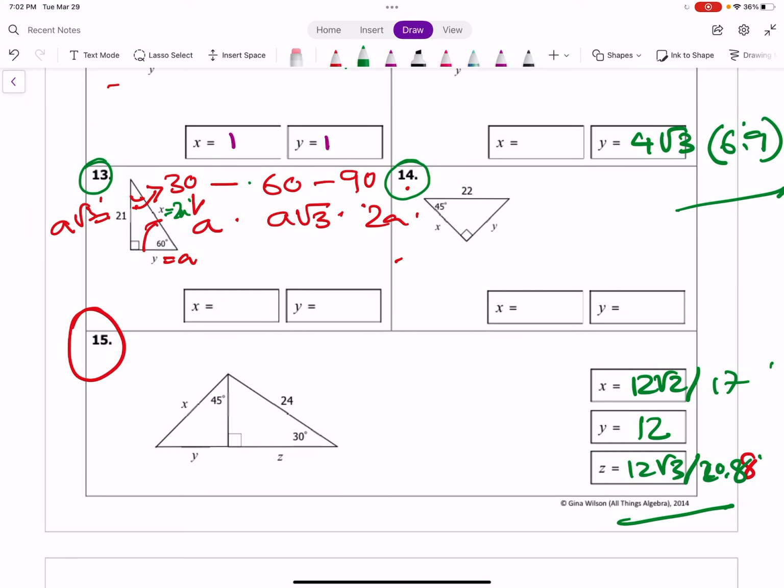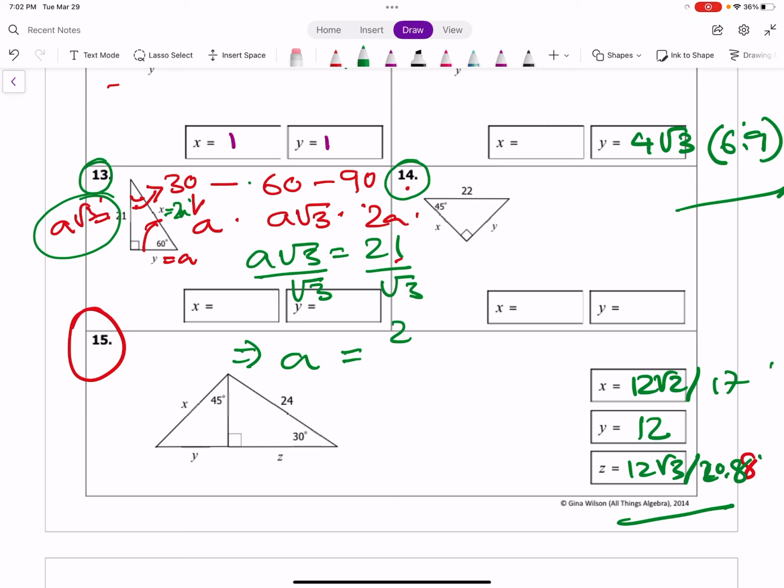So now I have a nice equation here: A radical 3 equals 21. So A equals 21 over radical 3. We can put it in the calculator and get the decimal, and in radical form it is 7 radical 3. There are two ways.